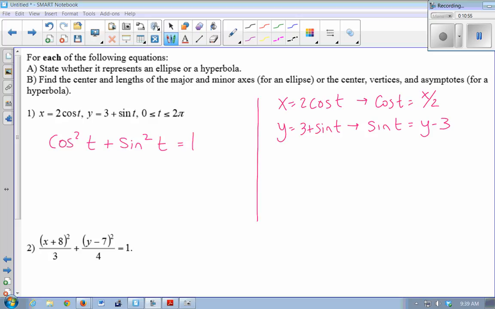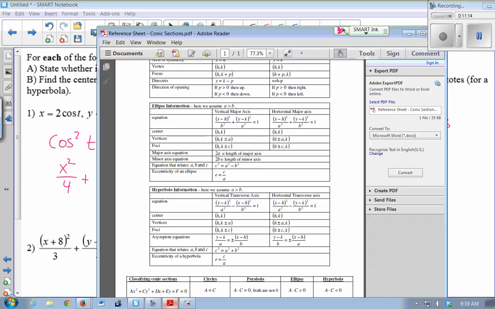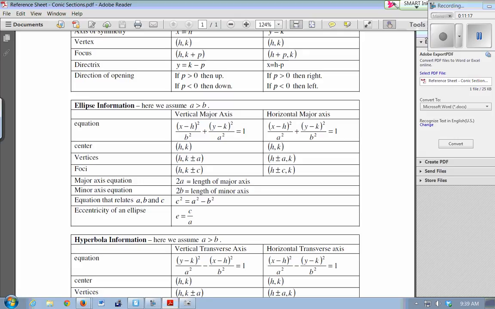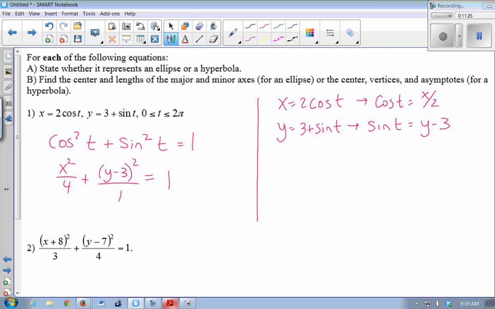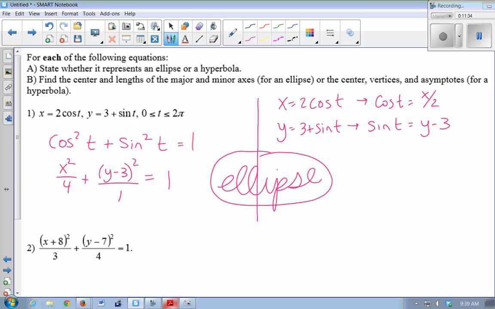So we're going to have x squared over 4 plus (y minus 3) squared over 1 equals 1. And then I can look at that and classify it from this document. It's an ellipse because it's got the plus instead of a minus.